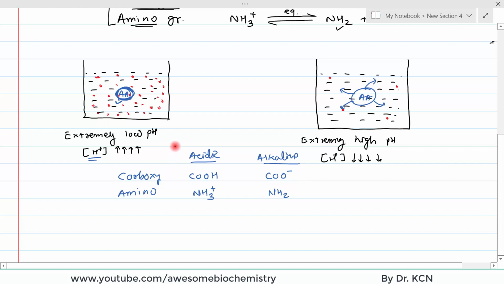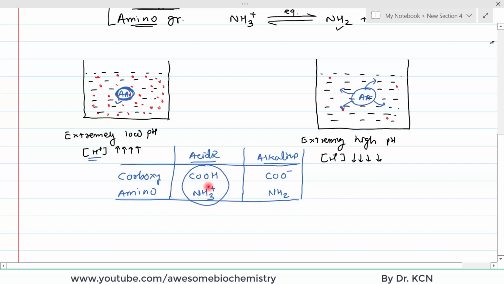So, now as we can see, under different pH conditions, the protonation status of carboxy and amino groups is different, right? If you look at this compound, you can see that these are the protonated groups. And under alkaline condition, this carboxy and amino are seen as deprotonated groups, right.